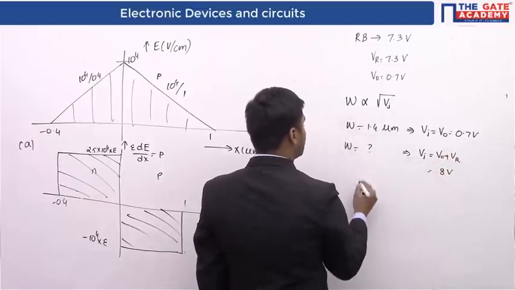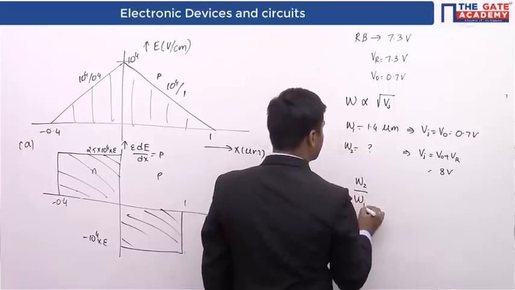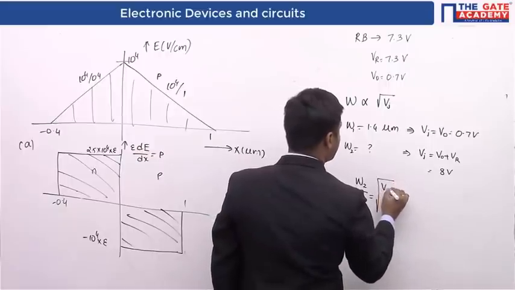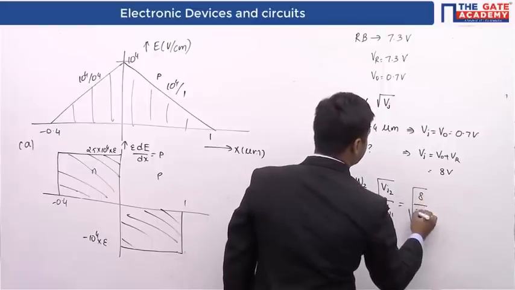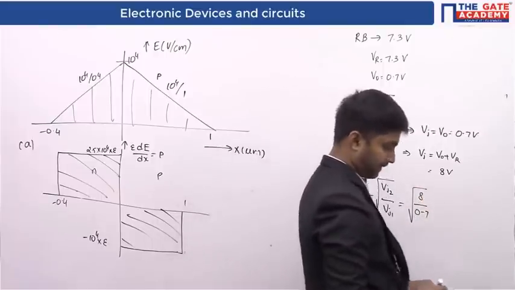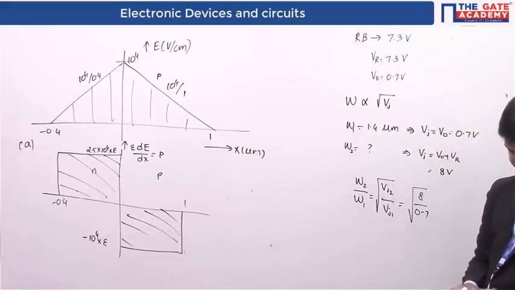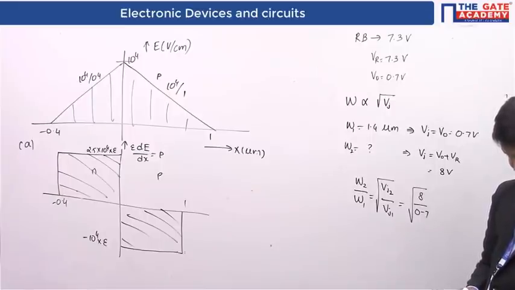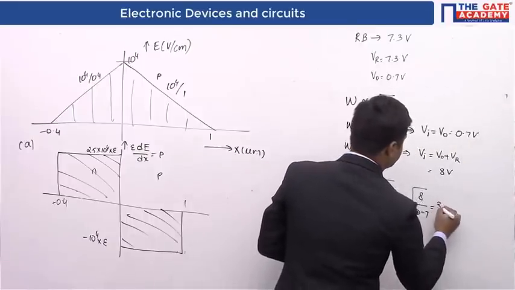So we can use this ratio, W2 by W1, let me call them 1 and 2 here. W2 by W1 is going to be equal to the square root of Vj2 by Vj1, which is the square root of 8 by 0.7. This comes to be 3.38.